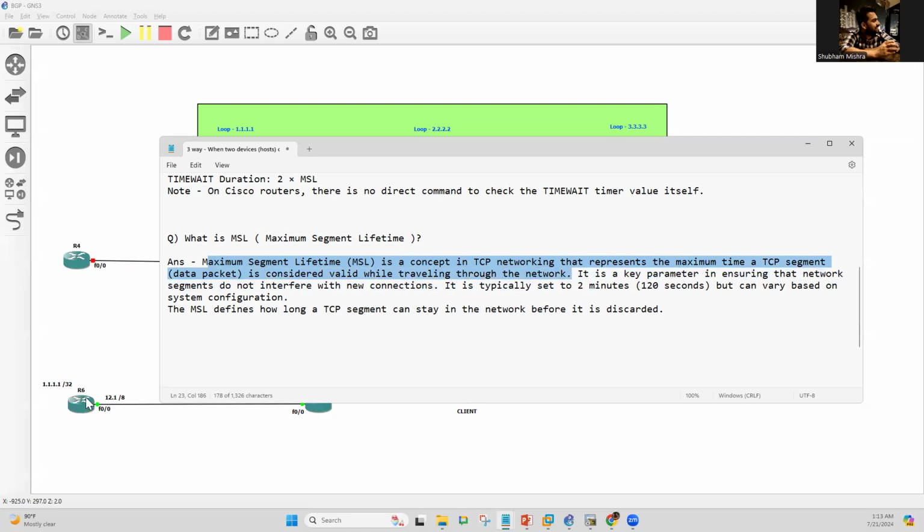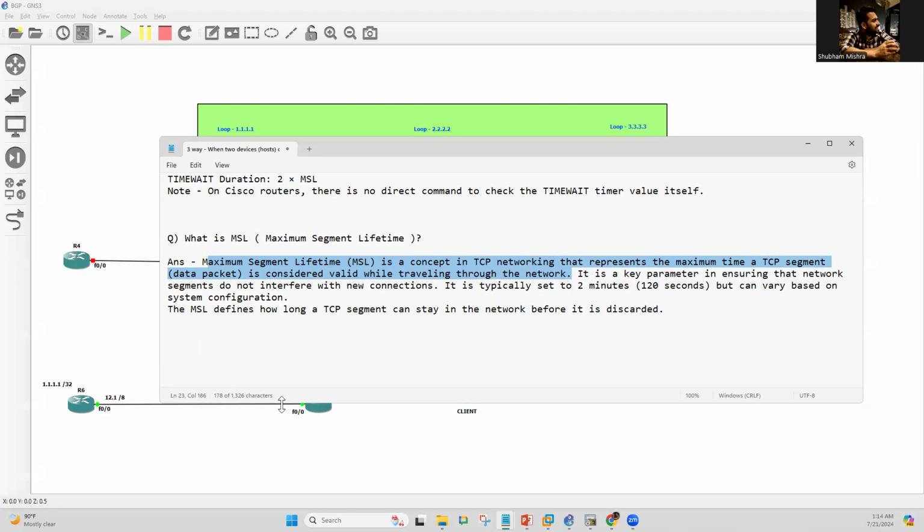Guys, let's suppose this is R1 and this is R2. R1 and R2 establish a TCP connection, but definitely there will be a time limitation till when this TCP connection is considered valid. That is called MSL. What is MSL?